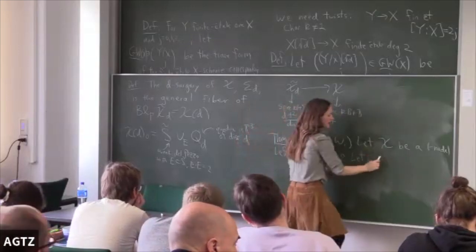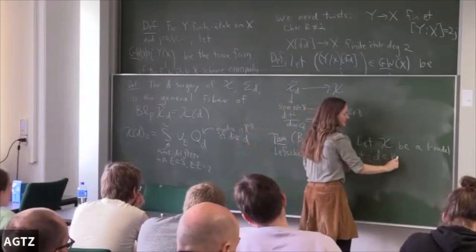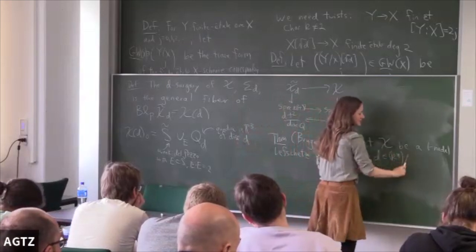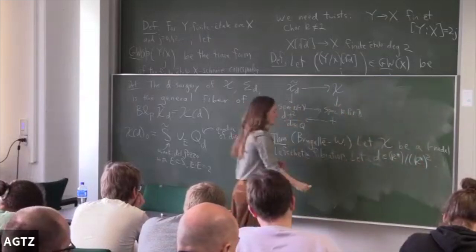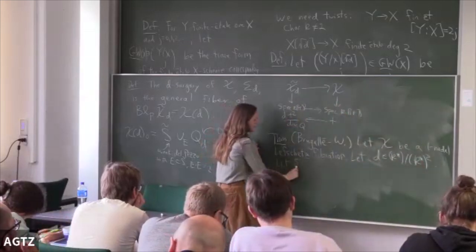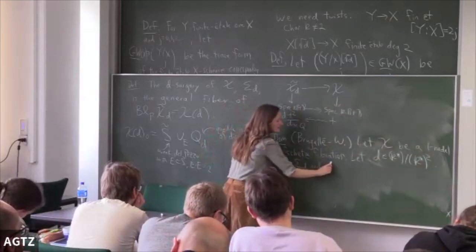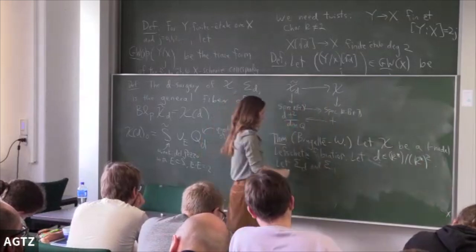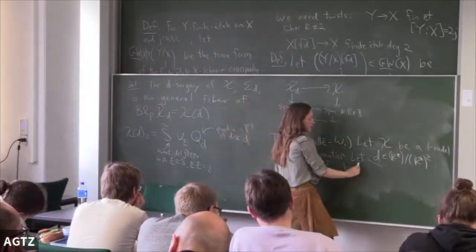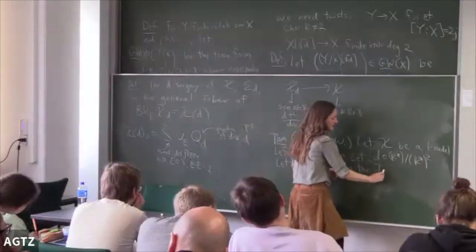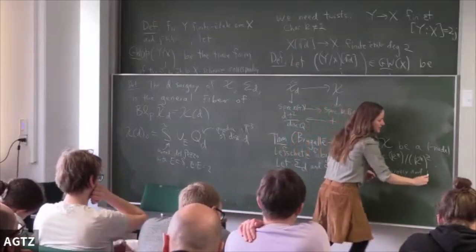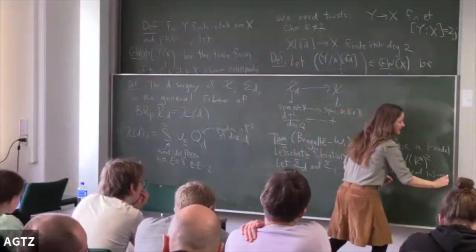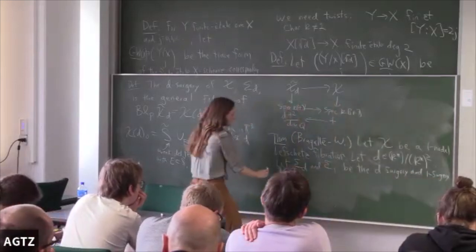Let D be in K star over K star squared, and let sigma D and sigma 1 be the D surgery and the 1 surgery respectively.